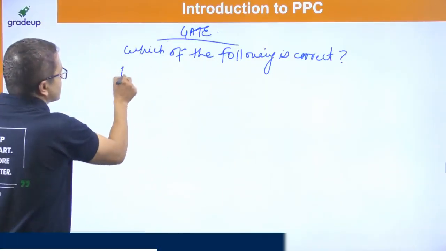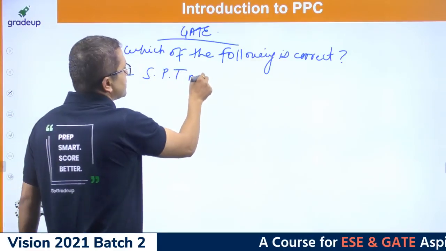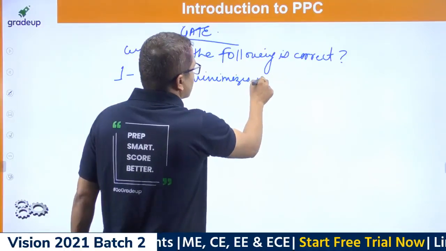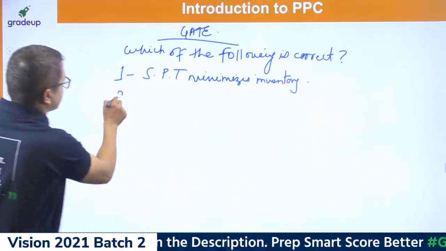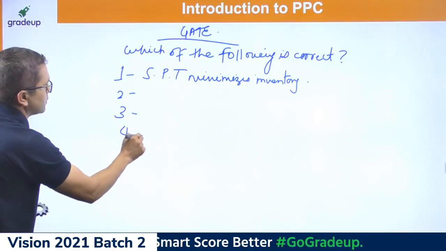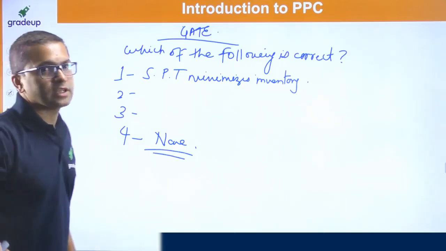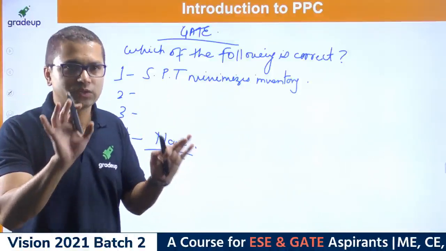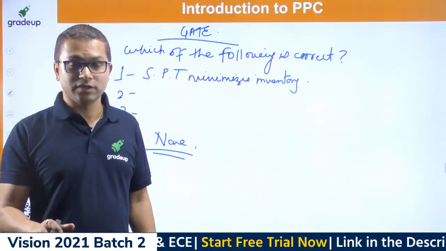Okay, number one is SPT minimizes inventory. And there might be other options. Fourth will be none of the above. So I was telling you, how do you approach such a question given that you don't know that SPT minimizes inventory?